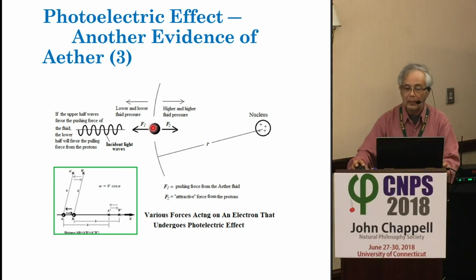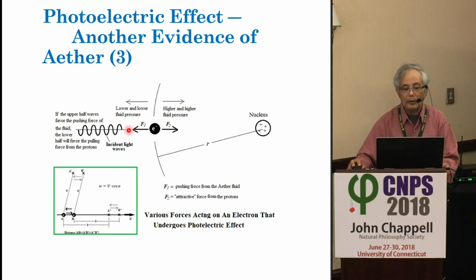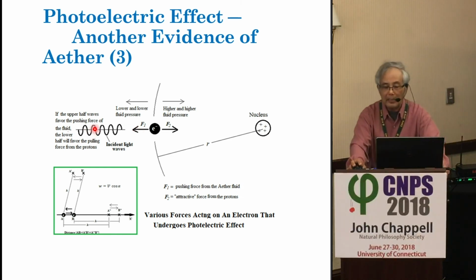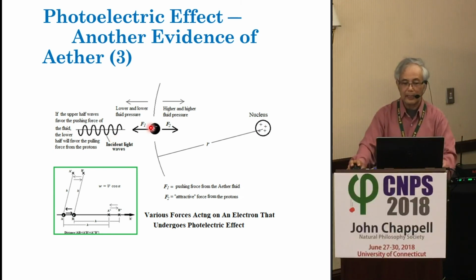It's difficult for this electron to continue to move. But if the electron on this end moves in that direction, this electron also moves in this direction. Moving in this direction, it feels a little easier, okay? Because going that direction, the Aether density is getting lower and lower, and the resistance for its movement is getting reduced, okay?